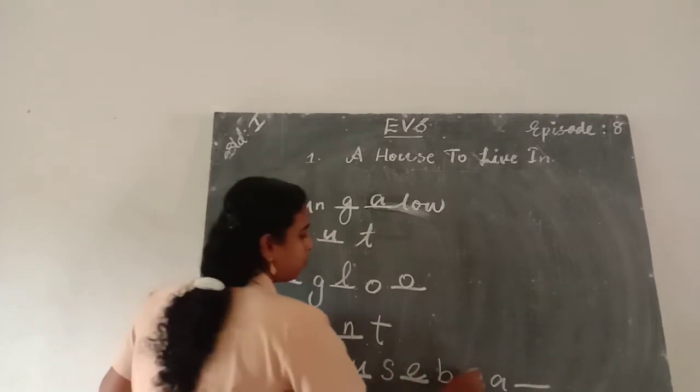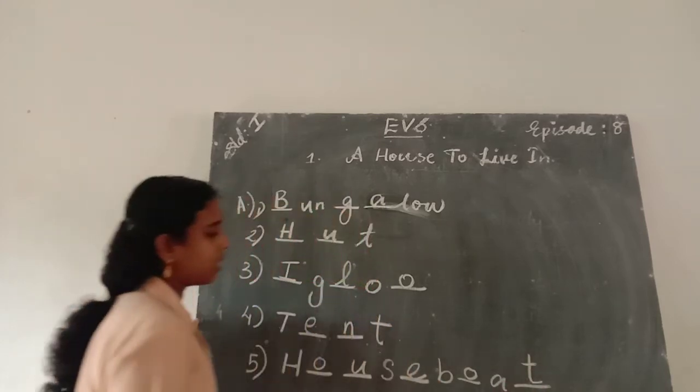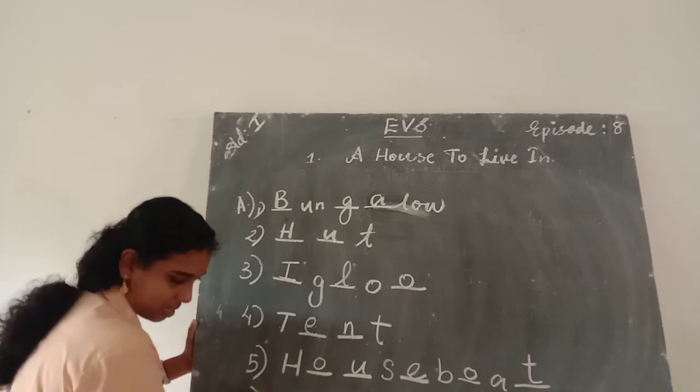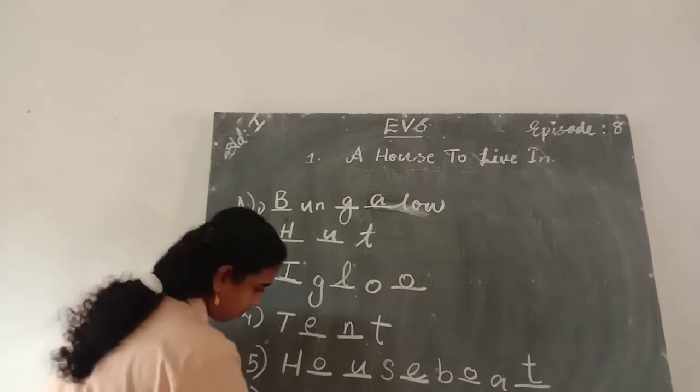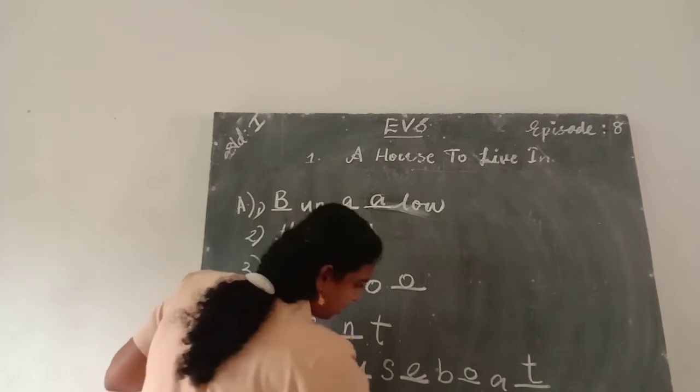House. Boat, B-O-A-T. Houseboat. And the last one, C, R. Three missing letters.